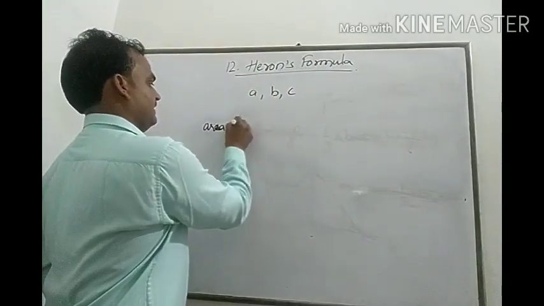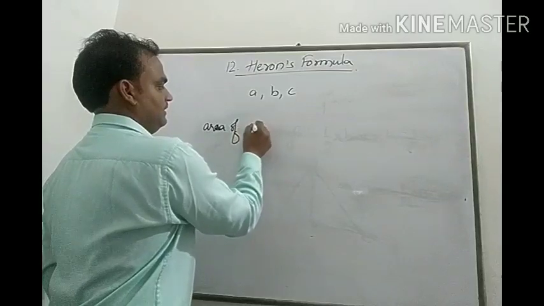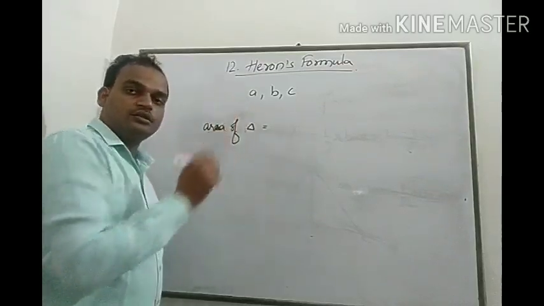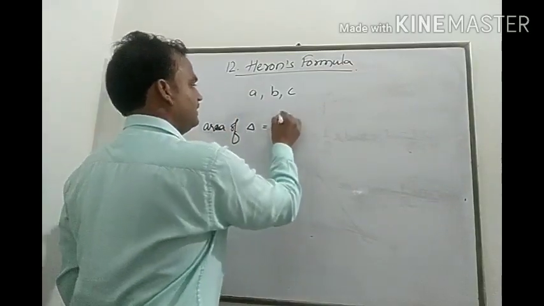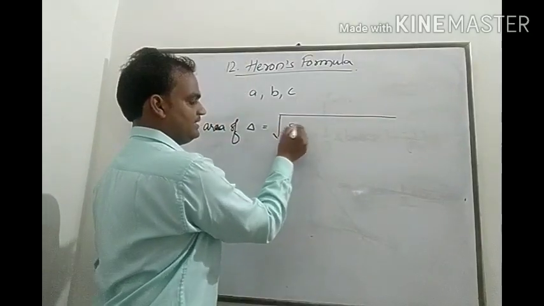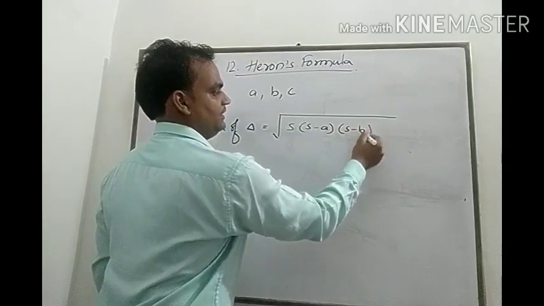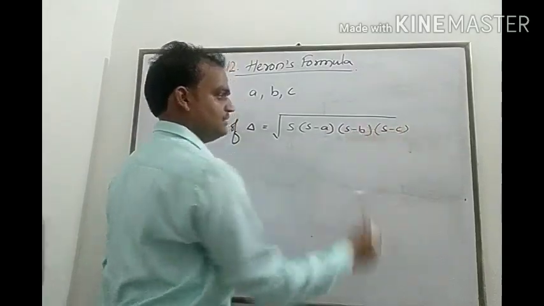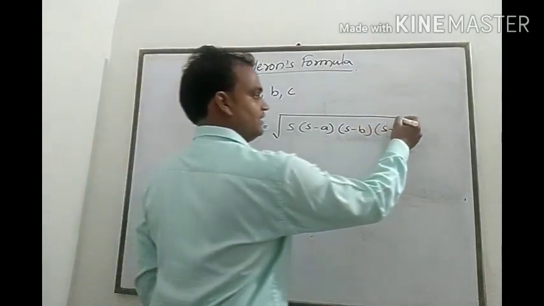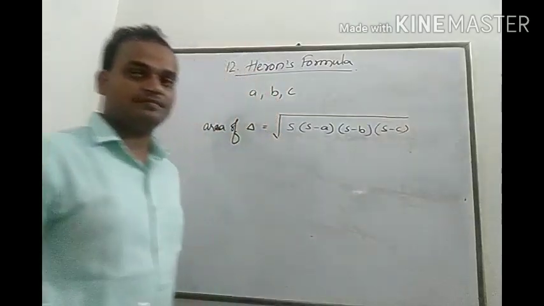Then the area of the triangle according to Heron's formula is given by under root S into S minus A, S minus B and S minus C. All these things are in under root.